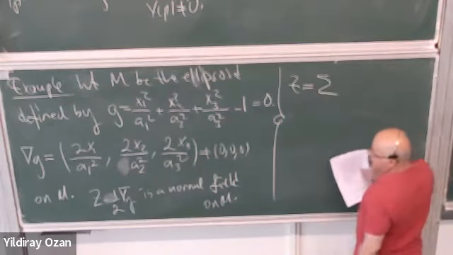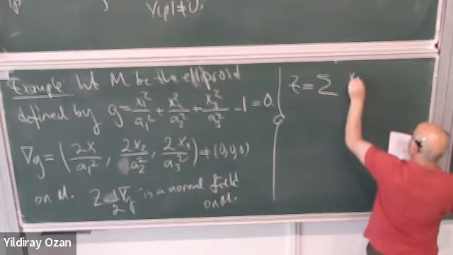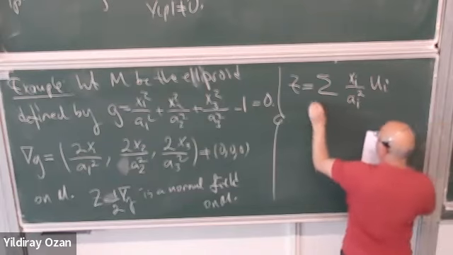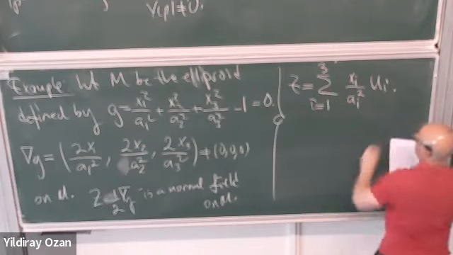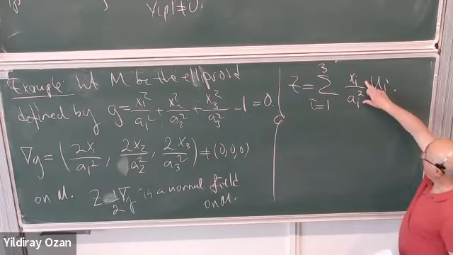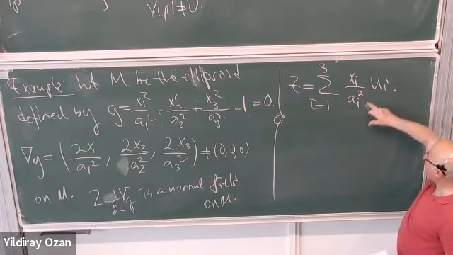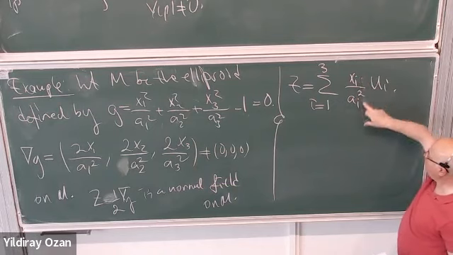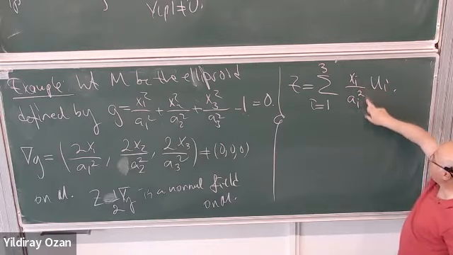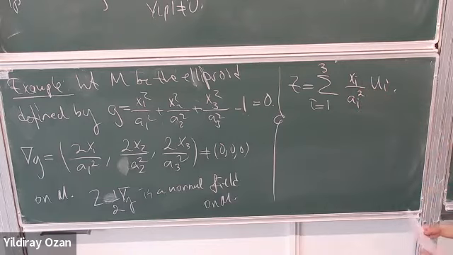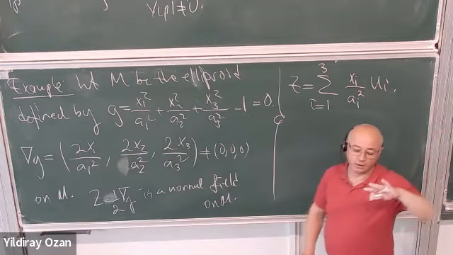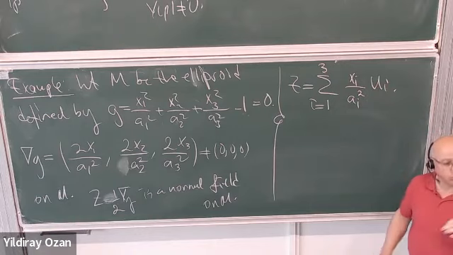I can write this vector field as the sum over i from 1 up to 3 of xi divided by ai squared times ui. So I write this vector field, half of it, in coordinates: x1 divided by a1 squared times u1, x2 divided by a2 squared times u2, and x3 divided by a3 squared times u3. u1, u2, u3 are the standard orthonormal vector fields.